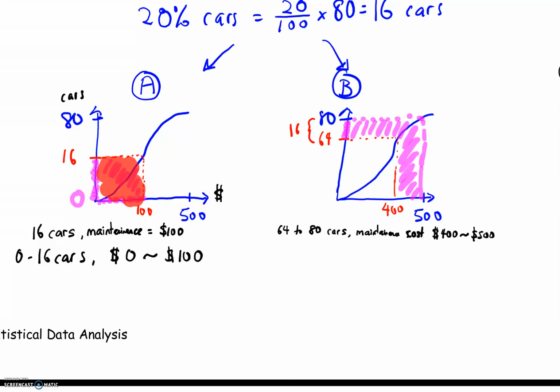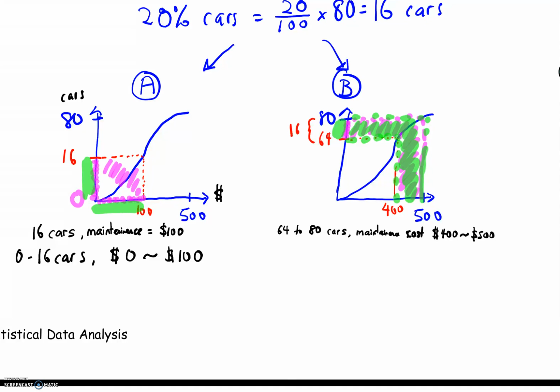Do you see the difference between the two? So what am I trying to show you? From 0 to 16, the cost will be 0 to 100. If I want from 64 to 80, you can draw two dotted lines, and you tell me, oh, it's 400 to 500.